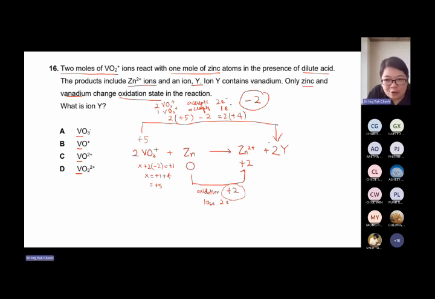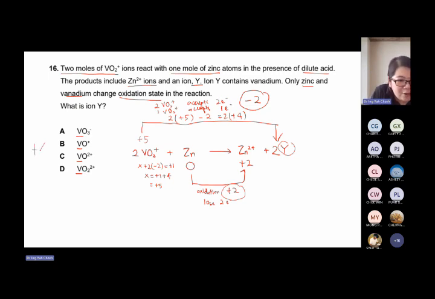So now I know why it must be a vanadium ion with the oxidation number of vanadium being +4. So I look at these 4 answers, A, B, C, D, and find which vanadium has an oxidation number of +4.